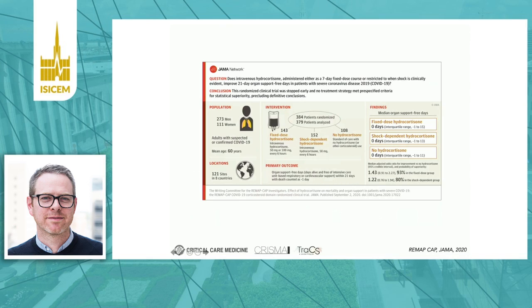So this comes from REMAP-CAP, and what it's showing is that in approximately 400 patients with severe COVID-19, most of whom were receiving organ support, when randomized to hydrocortisone or not, had markedly different outcomes. And in fact, this was a Bayesian analysis, and you can see that certainly patients that received hydrocortisone had a 93% chance of an improved outcome versus those that did not.